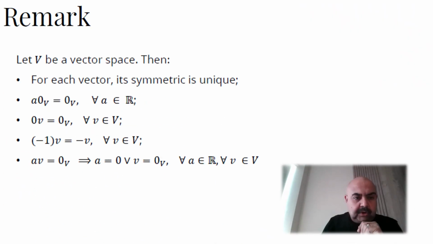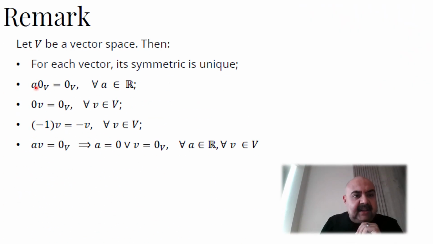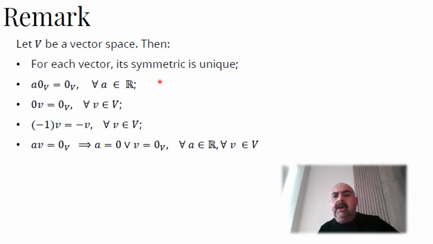Okay, once more, I want you to remark that V is a vector space. If I told you that V is a vector space, what do you gain from all of this? You will gain the following benefits. First of all, for each vector, its symmetric is unique. So for each vector belonging to this vector space, its symmetric, which means the negative of this vector, also belongs to this set of vectors.